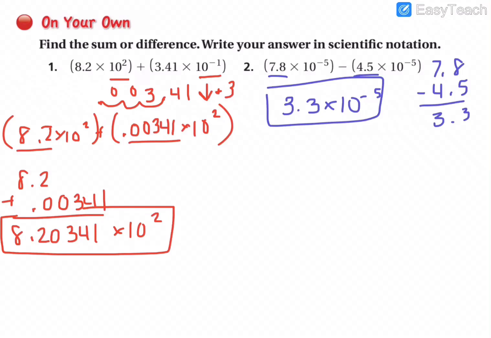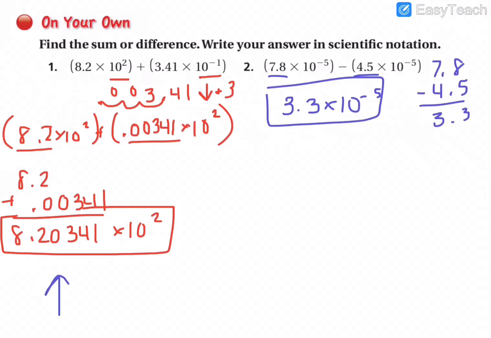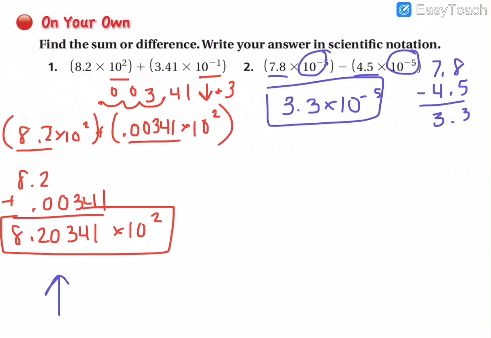And so I matched it to be 10 to the second power. And then I added the first part. So that led me to this crazy decimal here. Second one's super easy. Exponents already matched, so all you had to do was subtract the 7 and 8/10 and 4 and 5/10.